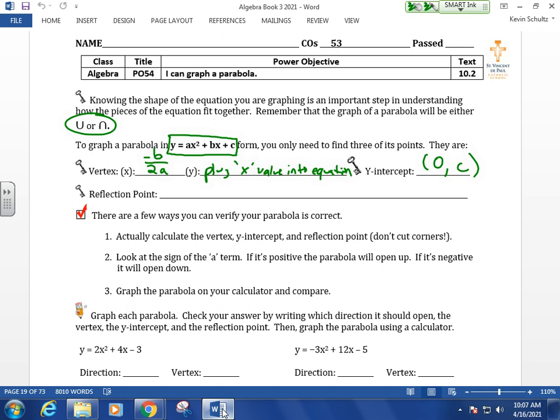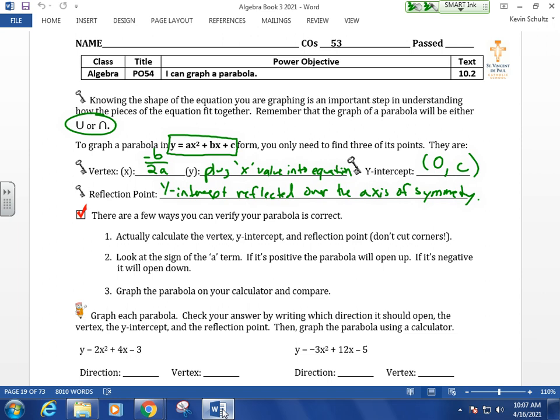And finally, the reflection point, the third point that we need for a parabola, is the y-intercept reflected over the axis of symmetry. We'll take a look at what that looks like when we start to graph them down below.